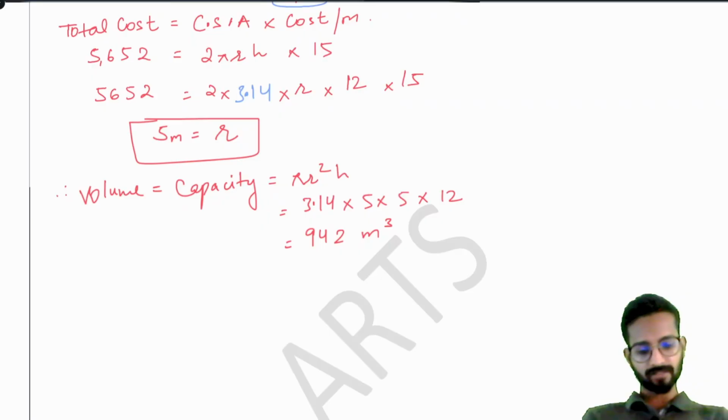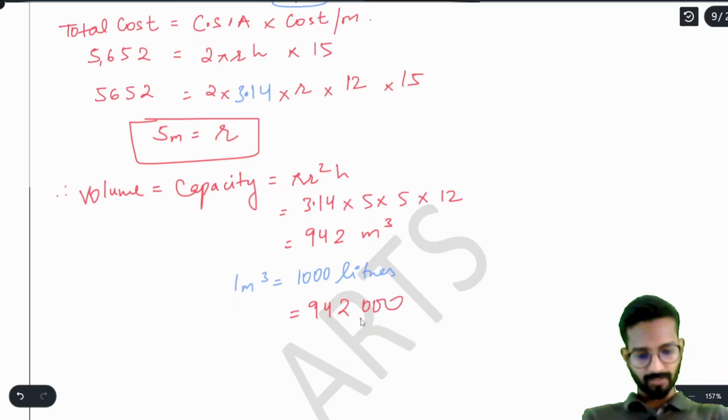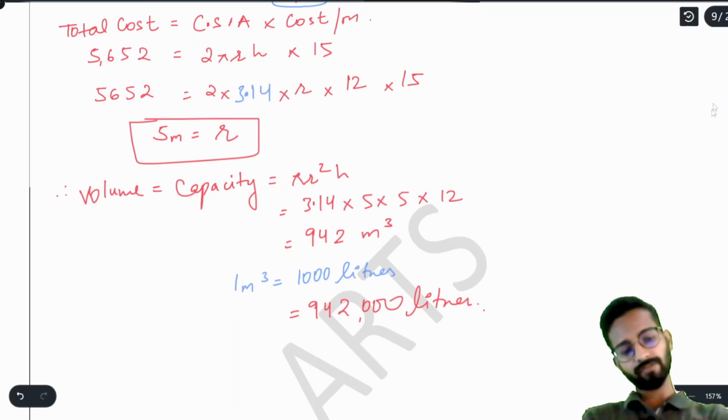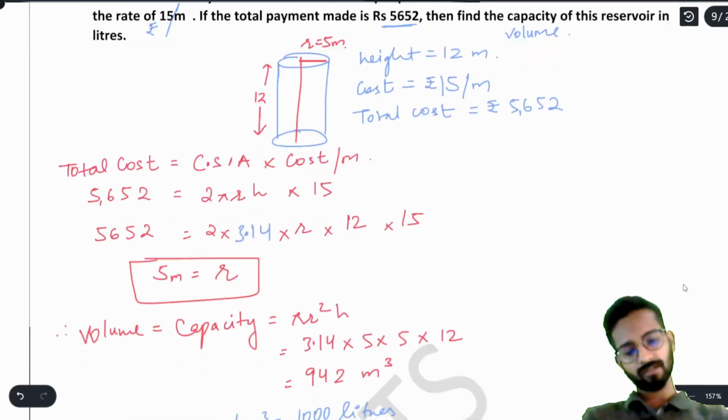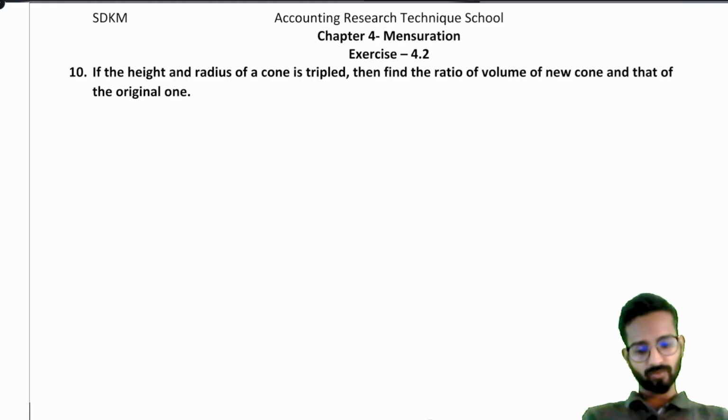Capacity will be in liters. So 1 meter cube is equal to 1000 liters. So you can say it will be 942,000 liters. This is our capacity. Remember this. Okay. After this, this is question number 9. Now we will solve question number 10. Check. If the height and radius of the cone is tripled, okay, so we have a cone here.